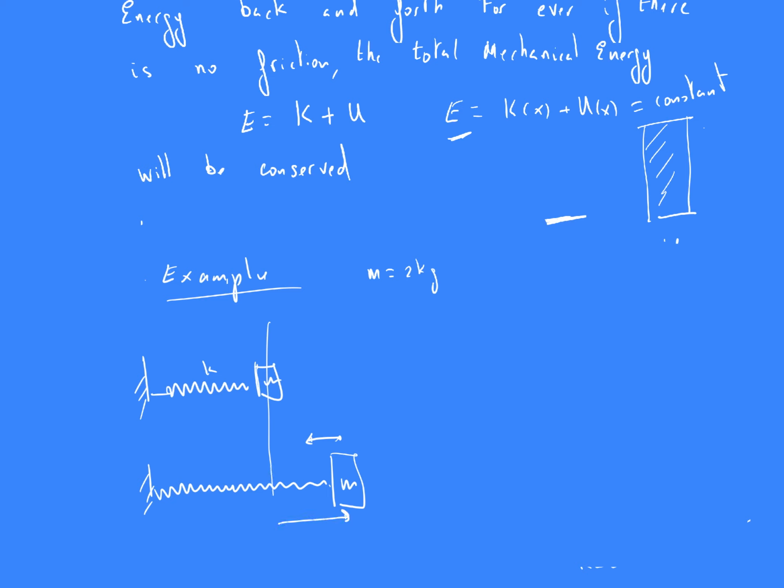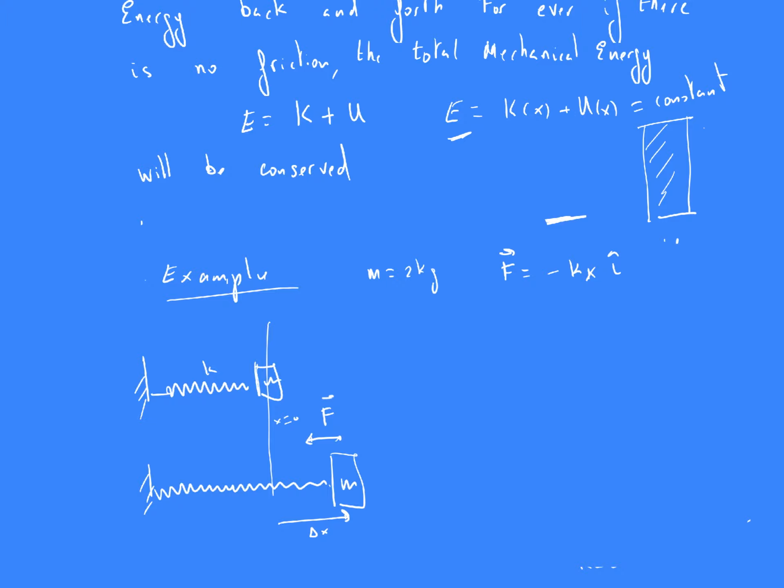The displacement, x or delta x, if you prefer, I have chosen x equals 0 here. The displacement is positive, but the force is negative. So the force that the spring is doing is minus kx in the i direction. If x is positive, the force will be negative because k is positive.